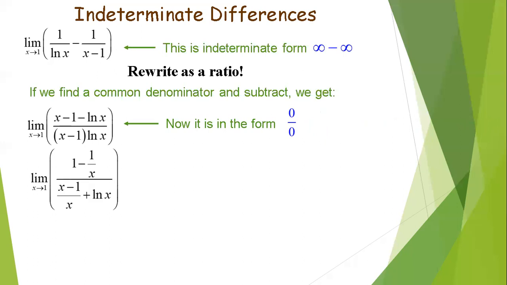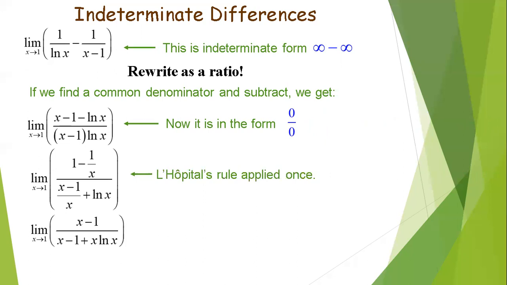Then we get the limit as x approaches 1 of 1 minus 1 over x over (x minus 1) over x plus ln x. This is where L'Hopital's rule is applied. And then the limit as x approaches 1 of x minus 1 over x minus 1 plus x ln x.